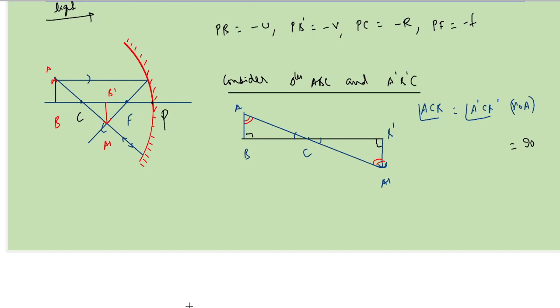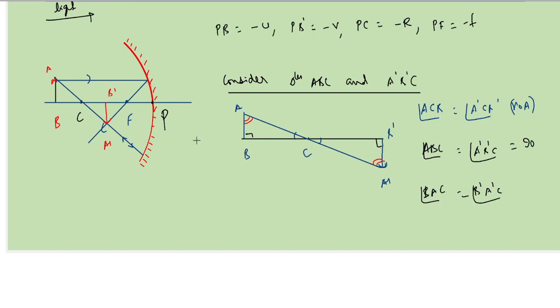The angles here should have been angle ABC is equal to angle A dash B dash C, and the third angle we saw now, BAC, is equal to B dash A dash C.